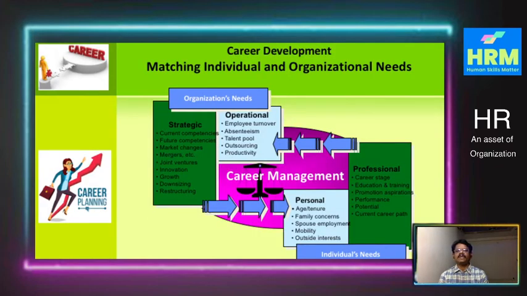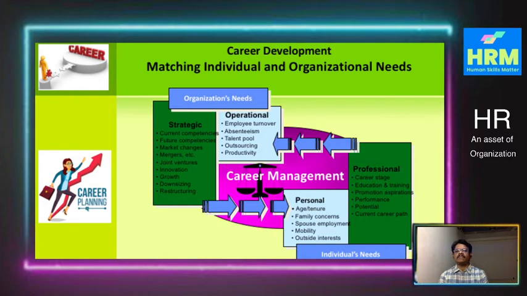At the same time, if you look at the organizational side, there are employee turnover, absenteeism, talent pool and outside, and productivity, how we are working for the organization. Then strategies for the careers, like mergers and acquisitions and joint ventures, company growth, company development, restructuring, and downsizing.